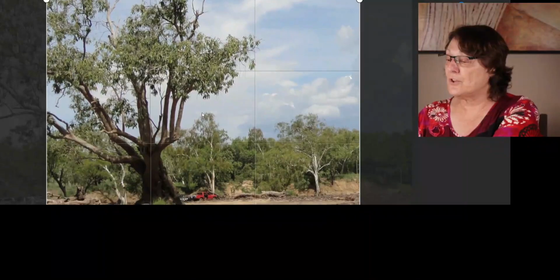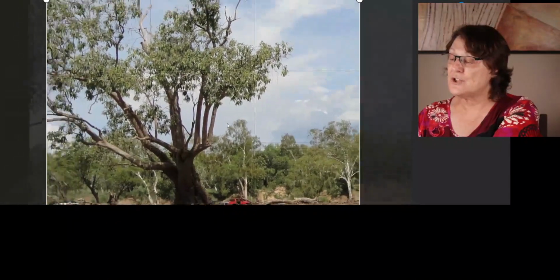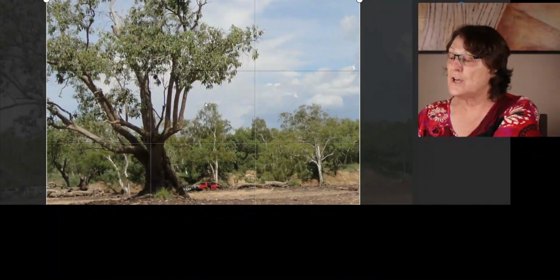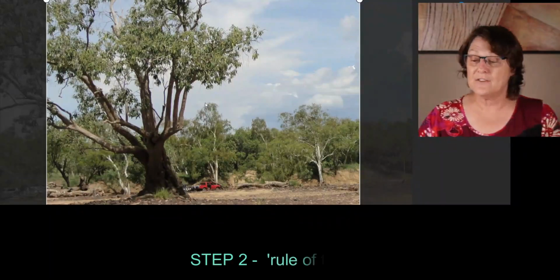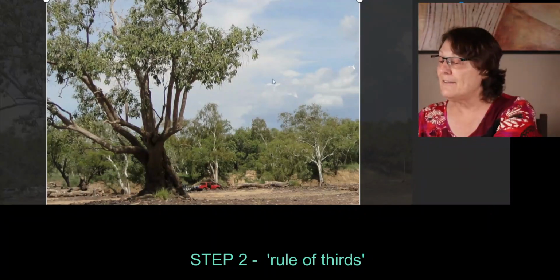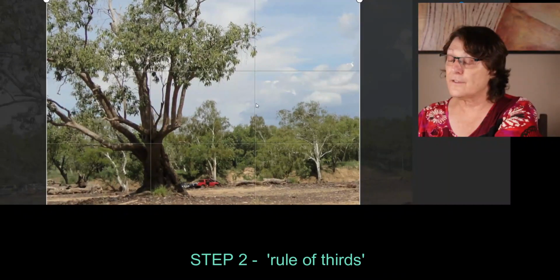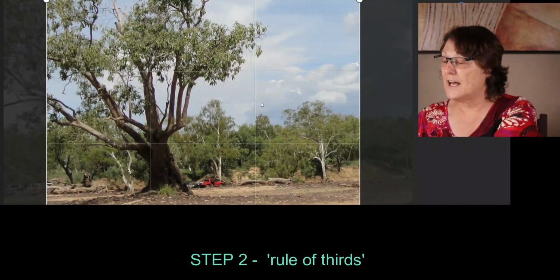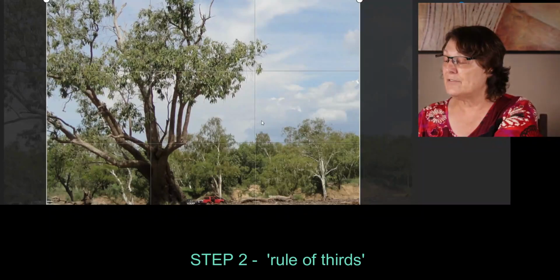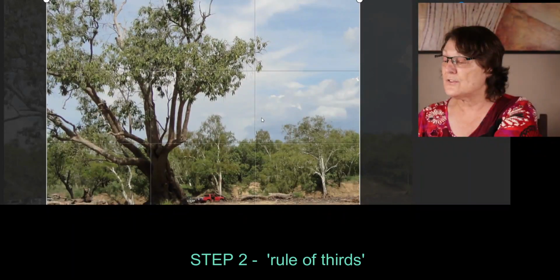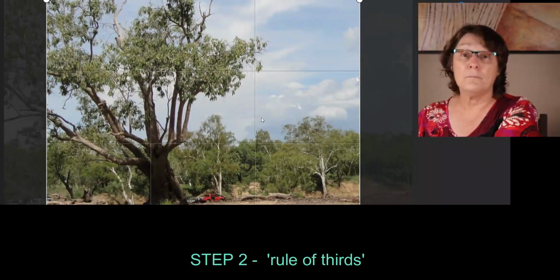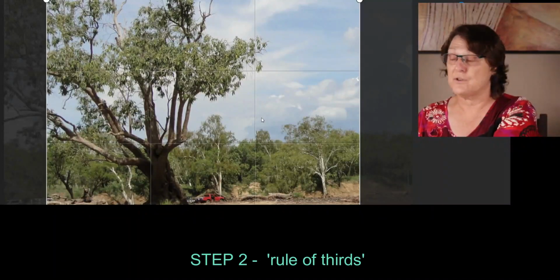Because I'm on the computer, it's quite easy for me to shift this picture around so that the left-hand tree is on my left-hand third line, vertical line, and I have now moved it down so that the treetops are more or less on the bottom third line.